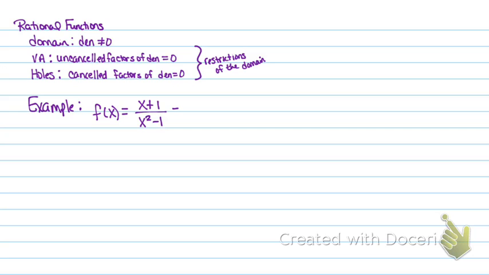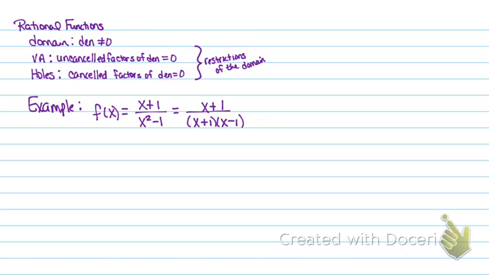Let's go ahead and factor this. That denominator can factor, right? So we get x plus 1 over, what is x squared minus 1 when it factors? x plus 1, x minus 1. But don't cancel yet because we haven't done domain.